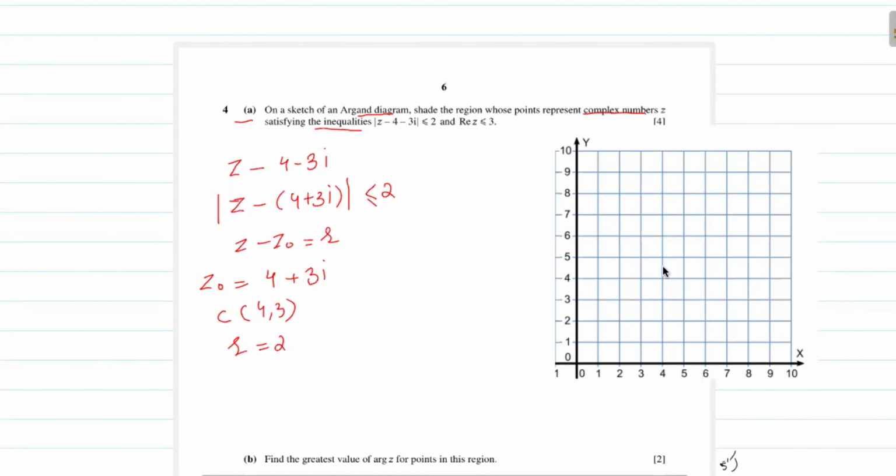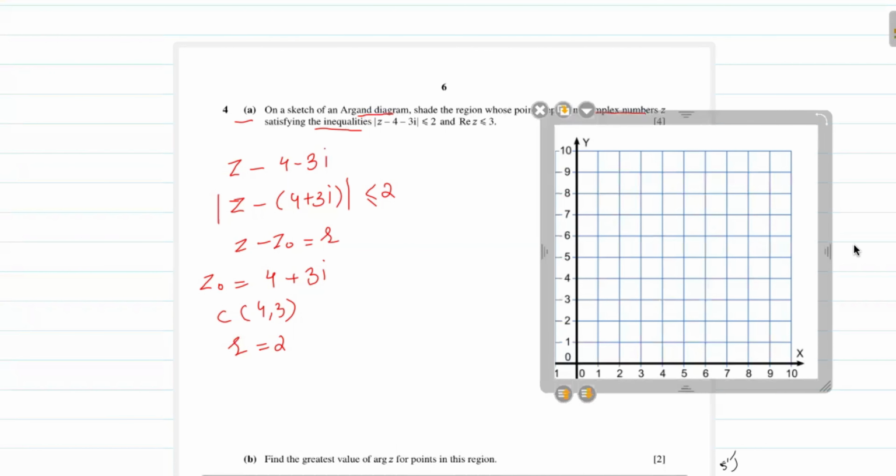This is the graph. Here we represent the point (4, 3). This point is (4, 3). Now the radius is 2. Therefore, we mark a point 2 units above, another point 2 units left, 2 units right, and 2 units down. Now we draw the circle by joining these points.